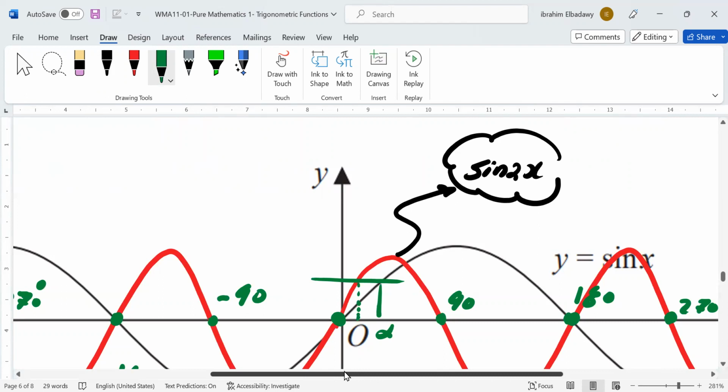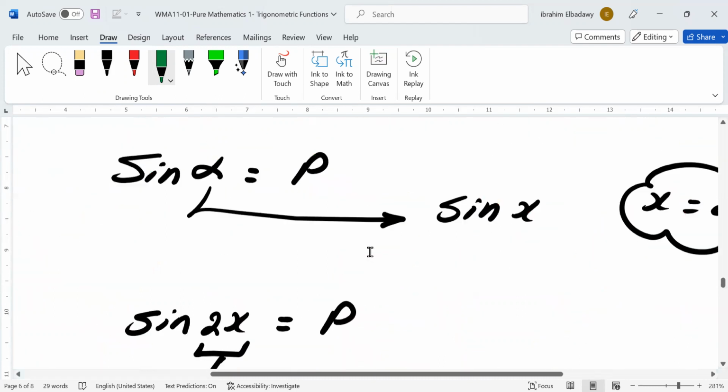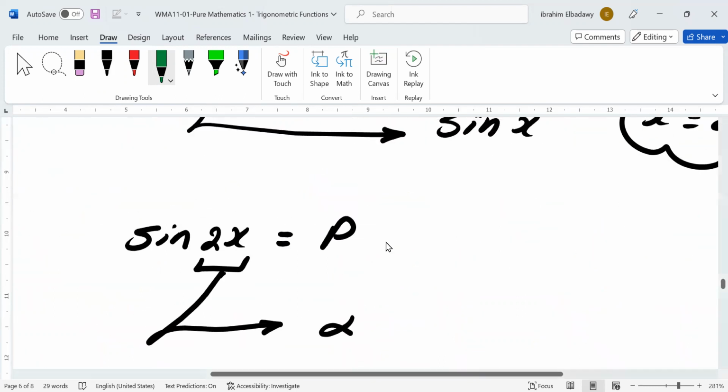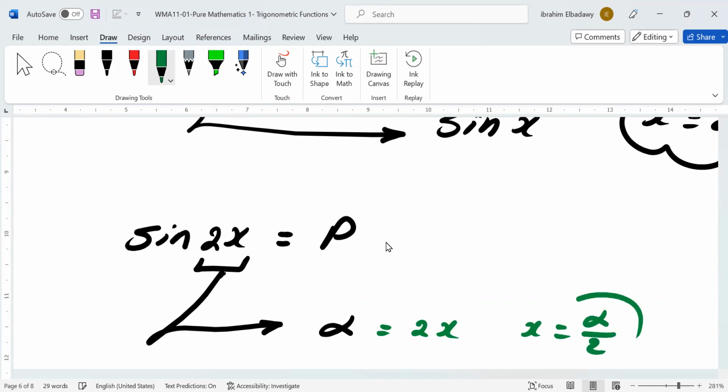So here this angle is divided by 2, so this angle is alpha over 2. So here you can write 2x equal alpha, then x equals alpha over 2. So this is the solution.